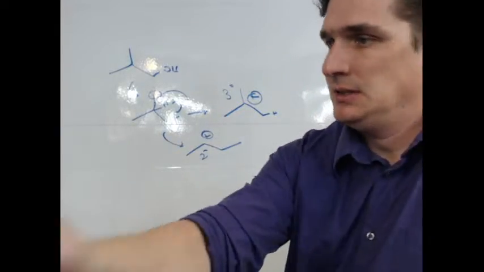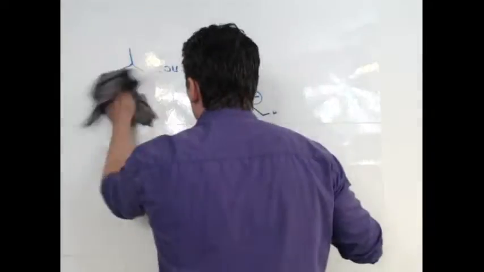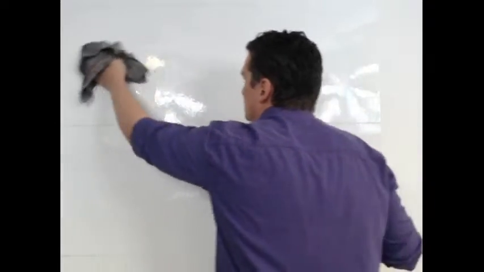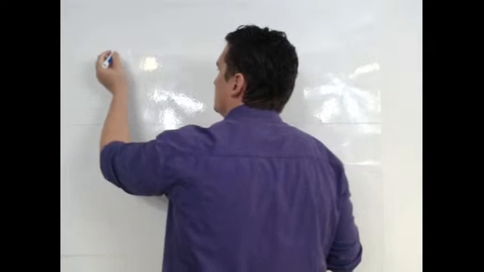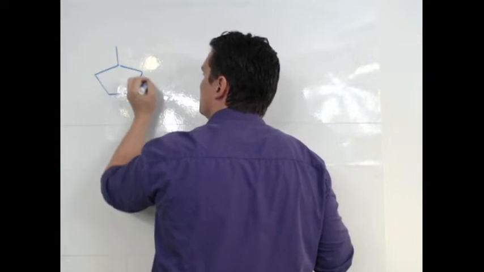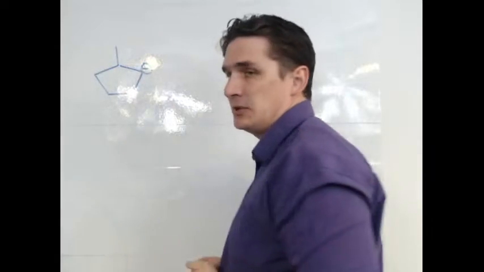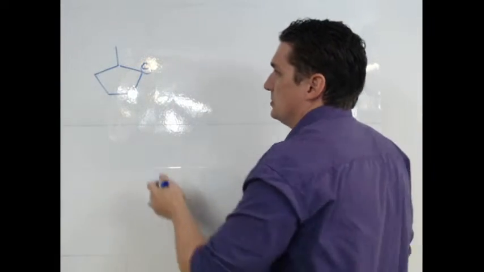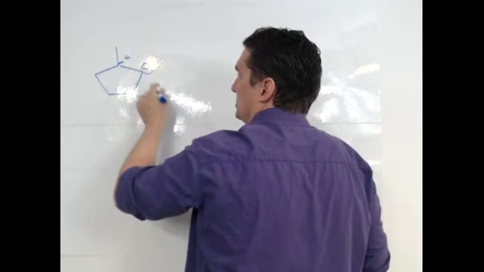But there are other reasons why you would shift one versus the other. So let's say we had a carbocation like this. So you've got the option of doing a hydride shift.